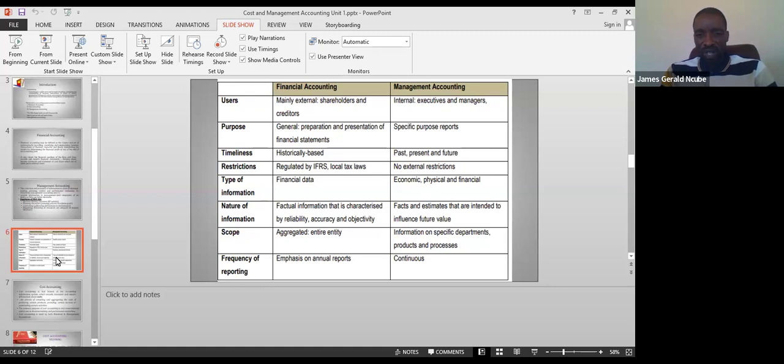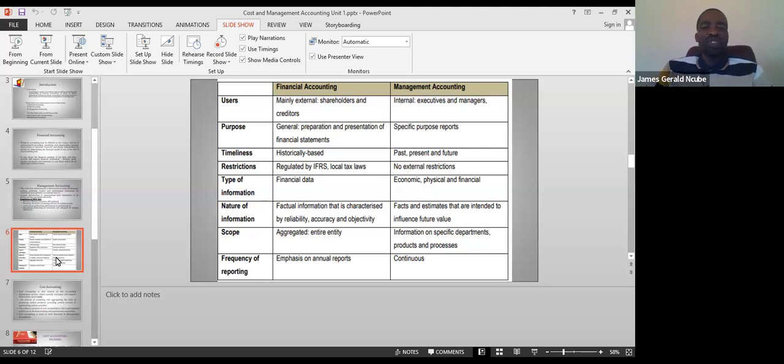So it is more general as compared to management accounting, where its purpose is specific. There are specific reports that management may require, which must be prepared periodically. So that's one very important difference there.